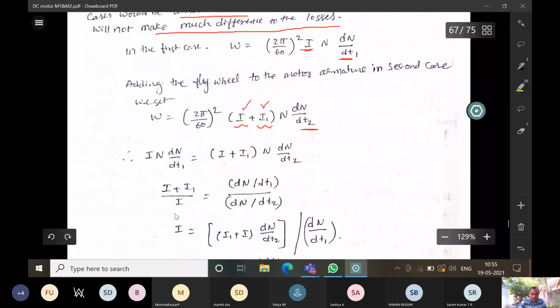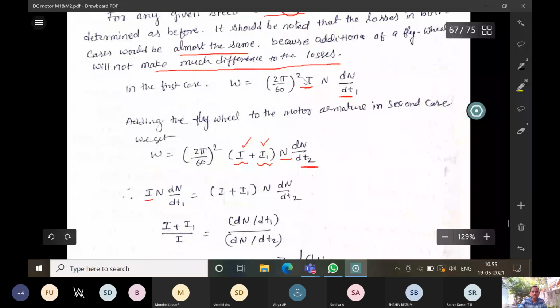Now simplify this expression. The first expression is I into n into dn by dt1.